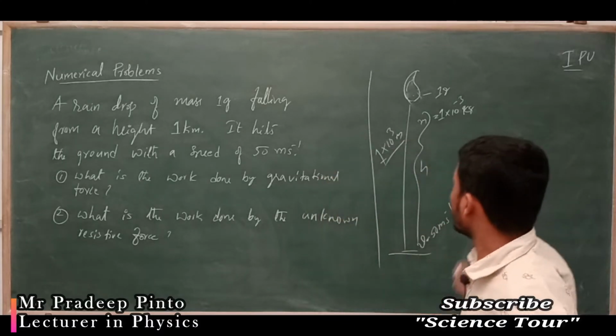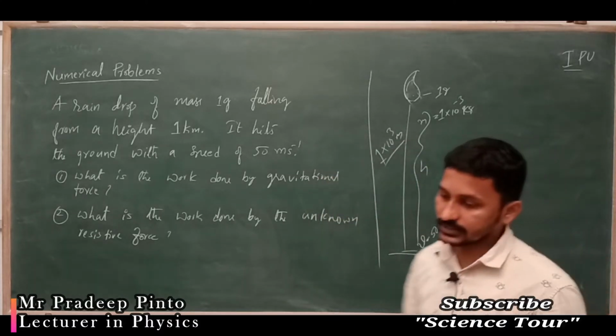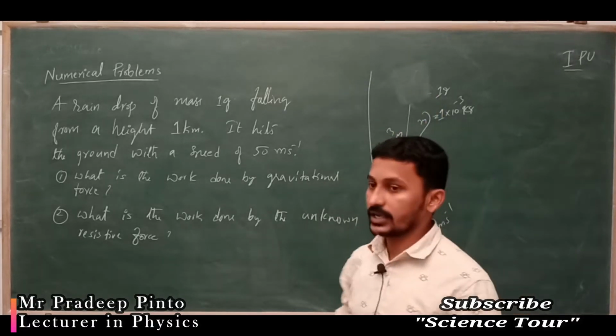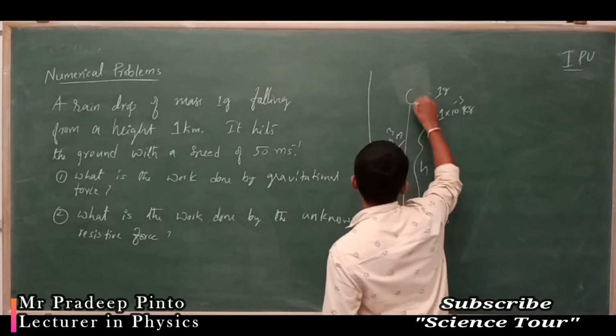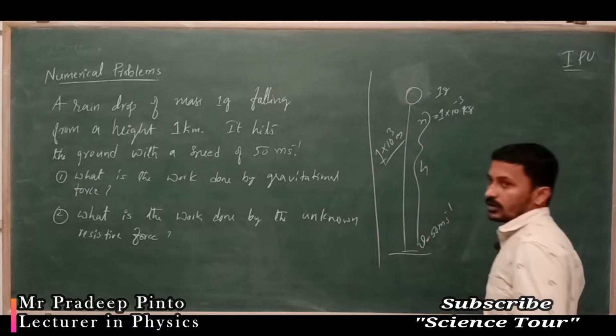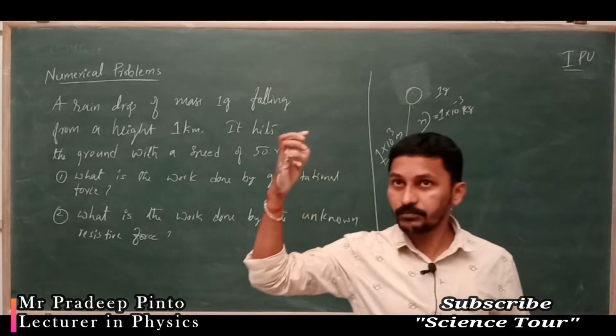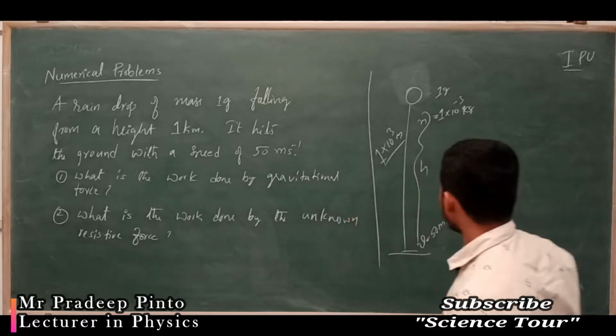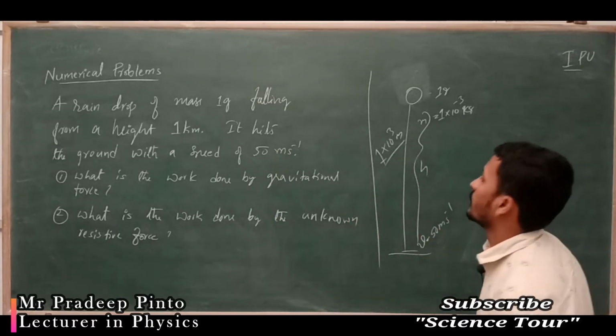Now the drop was at rest here, and the gravitational force pulls it down so that it gets energy, or velocity, here.